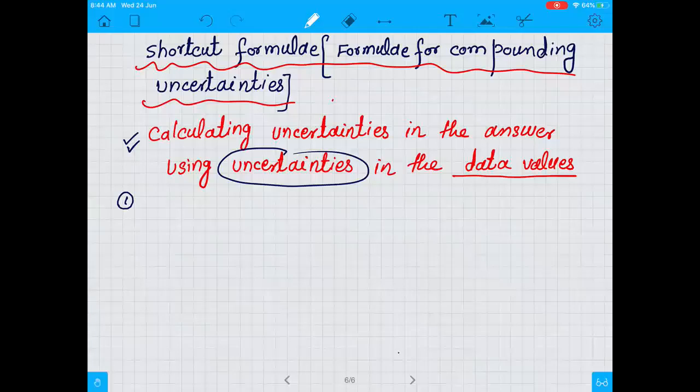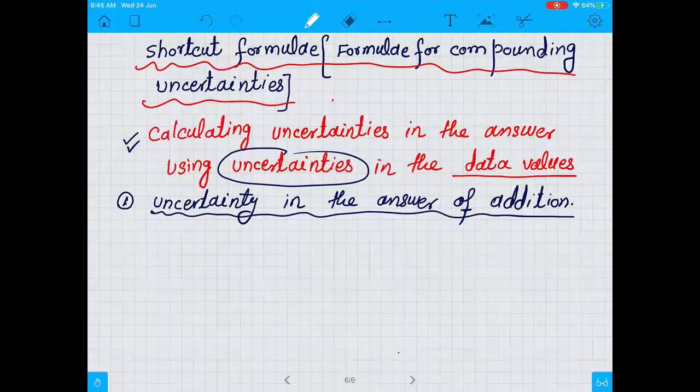The first one is uncertainty in the answer of addition. From tomorrow we'll start from this point, and we have to make a formula for uncertainty in the answer of addition in terms of the uncertainties in the individual data values.